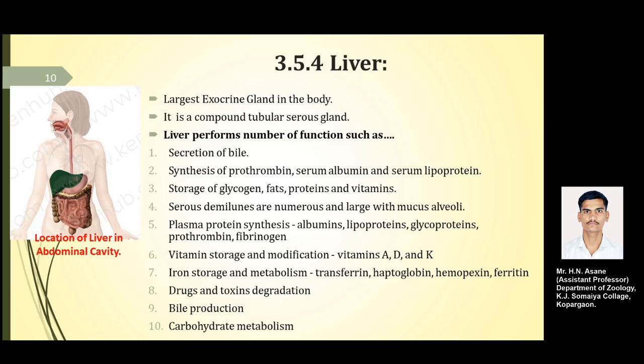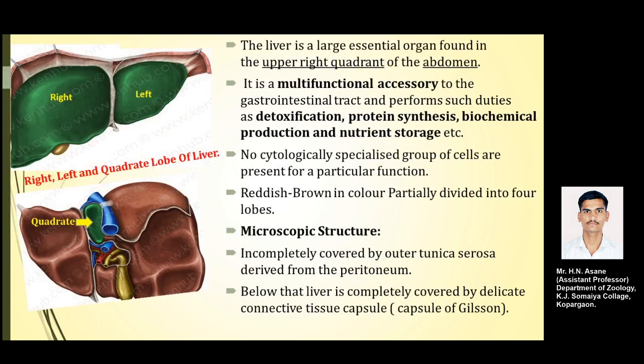Several fissures partially divide it into four lobes, which we will see in the next slide. Now the microscopic structure of the liver. The liver is incompletely covered by the outer tunica serosa derived from the peritoneum, and below it the liver is completely covered by a delicate connective tissue capsule named the capsule of Glisson, which contains abundant elastic fibers.